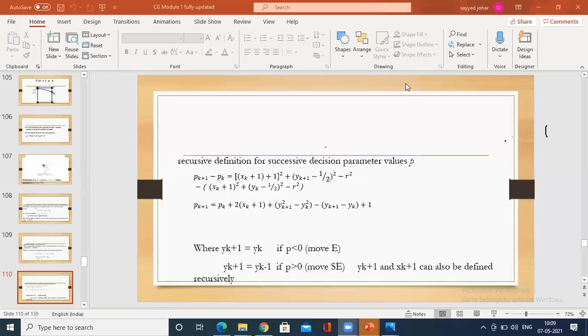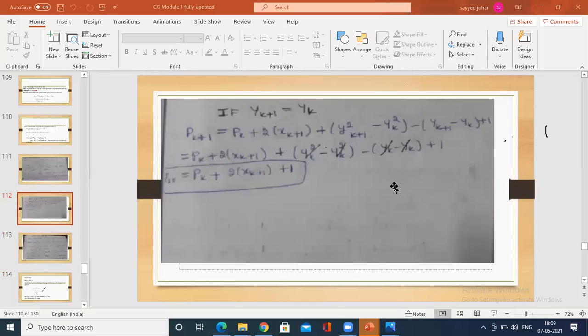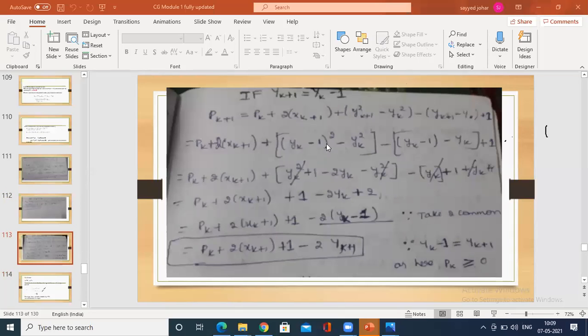We are left with a problem on Bresenham's circle drawing algorithm as of now. So we have a problem also, an easy problem. The same thing has been given in the PPT.